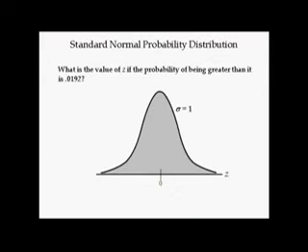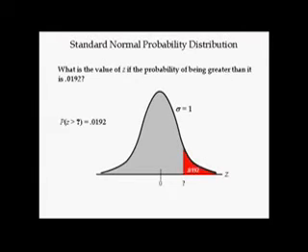What is the value of z if the probability of being greater than it is 0.0192? In statistics notation, we write this as the probability of z greater than question mark equal to 0.0192. The greater than and the word greater indicate we're talking about an upper tail probability.